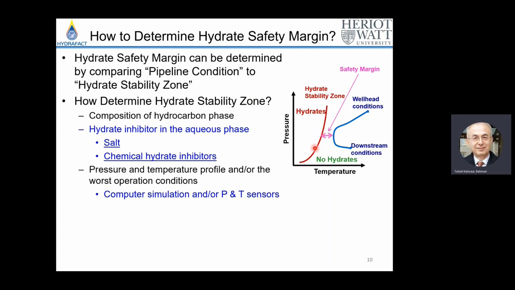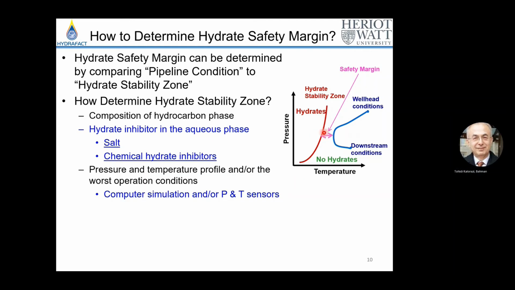This is hydrate phase boundary. This is pipeline condition. And ideally, we want to have a safety margin. We need to have a safety margin. Pipeline condition shouldn't be too difficult. We can use computer simulation.